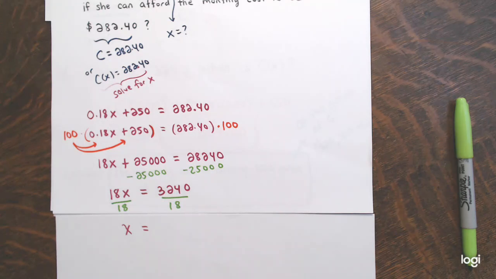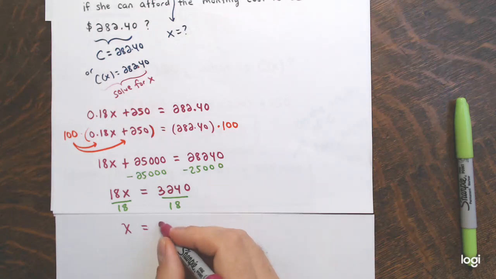So 7 times, maybe 8 times. Yeah, it's 8 times. 80 plus 64 is 144. So it's looking like 180. 18 squared is 324, silly me. Anyway, 3240 divided by 18 is 180. So x equals 180.